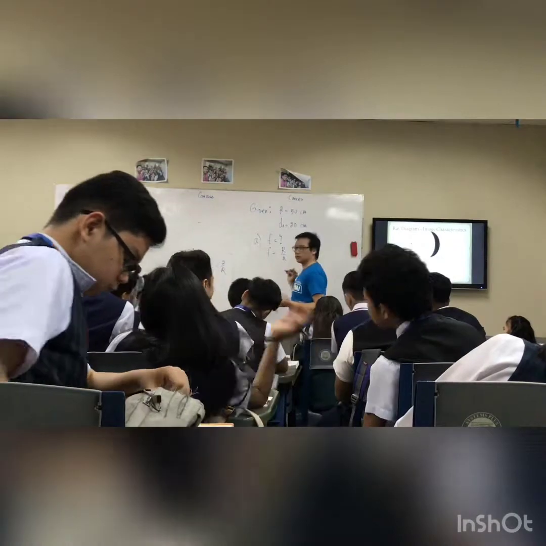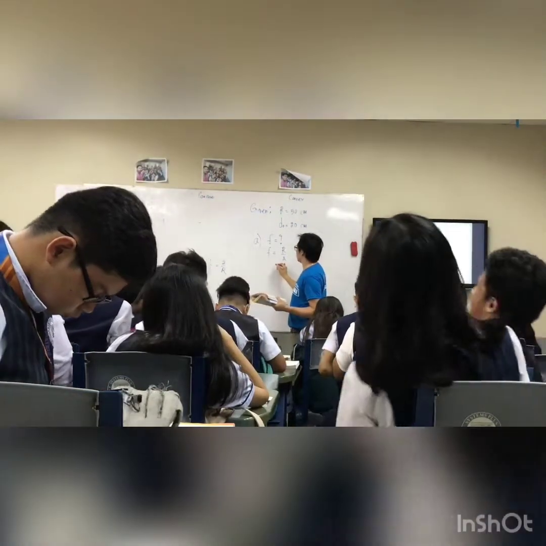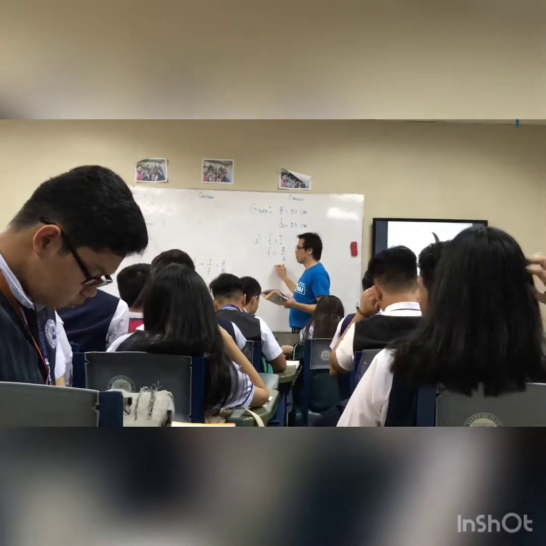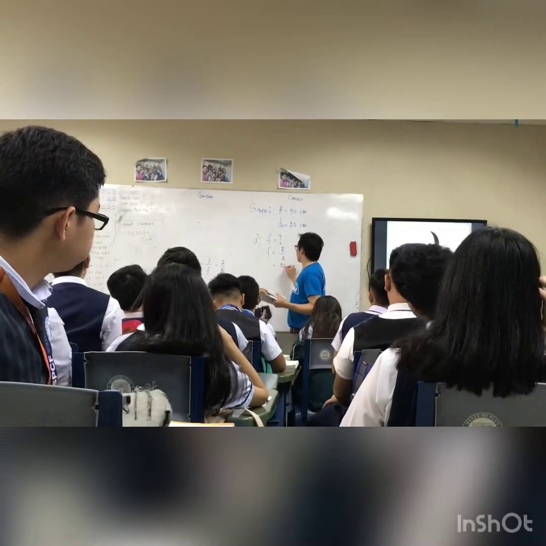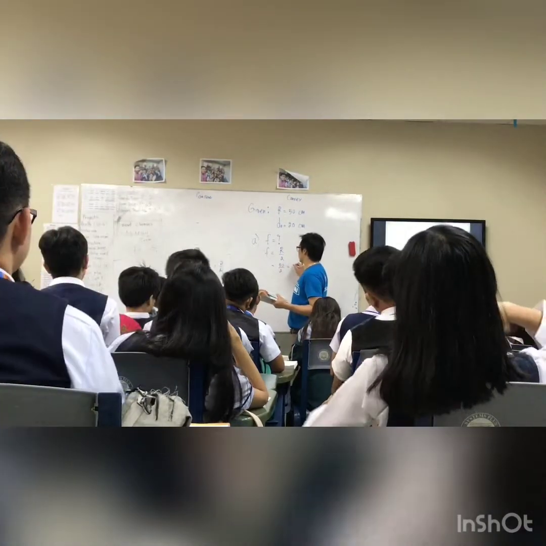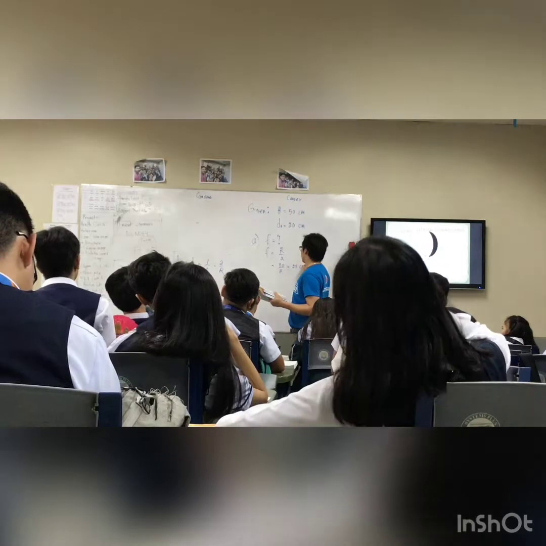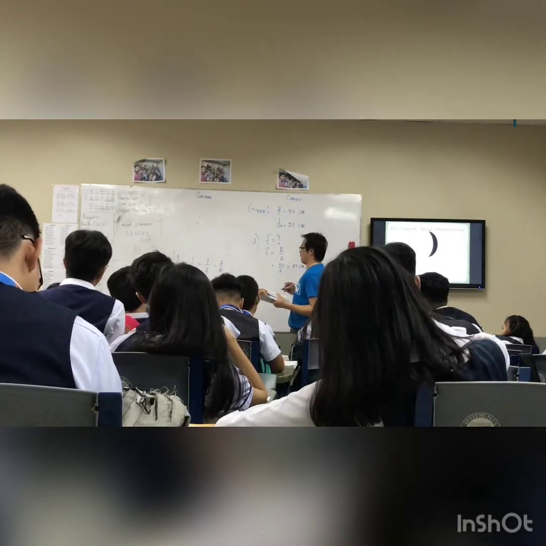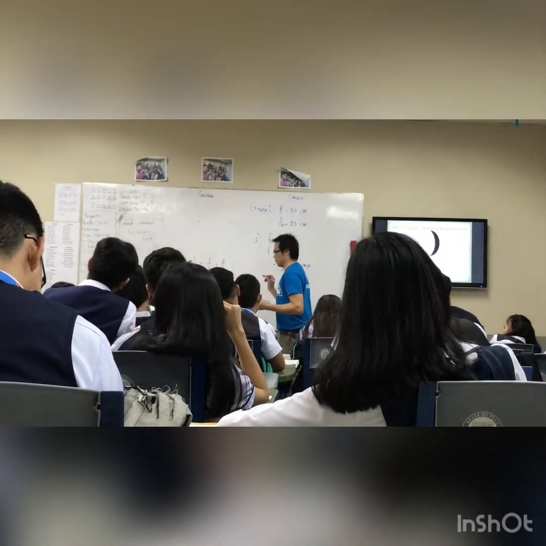So 50 divided by 2, 50 over 2 is equal to 25 centimeters. Okay.